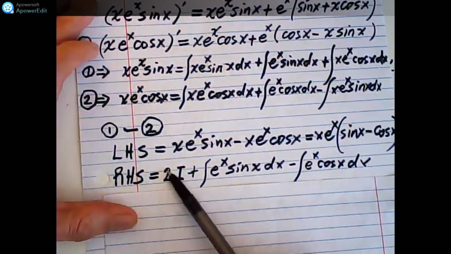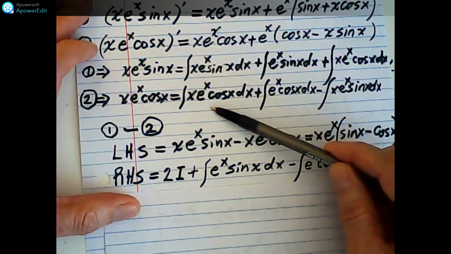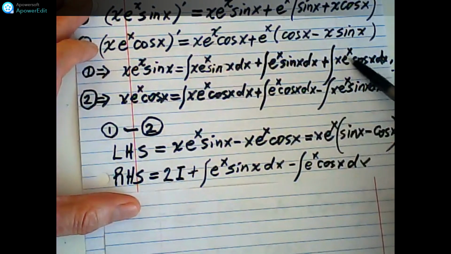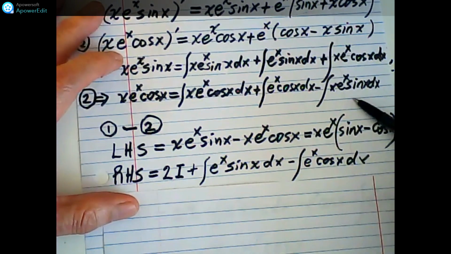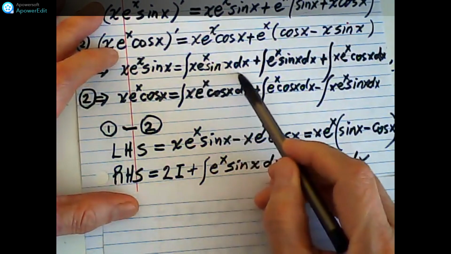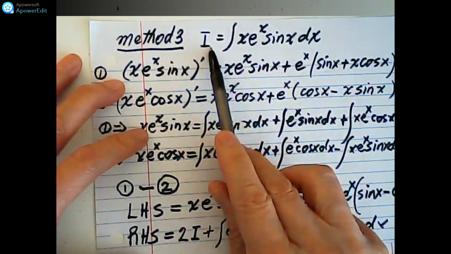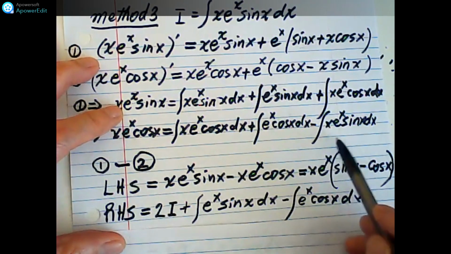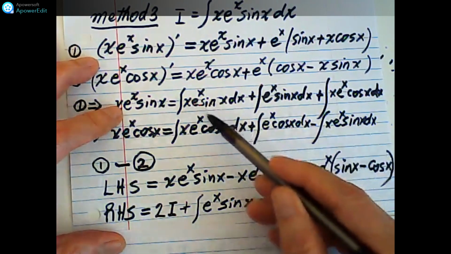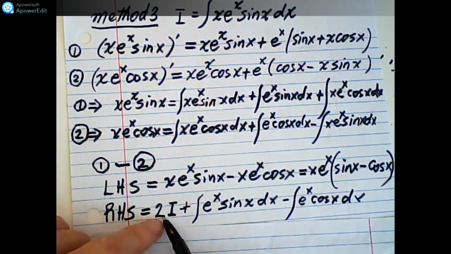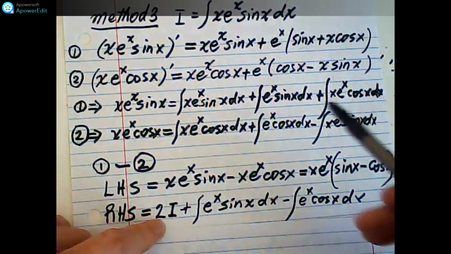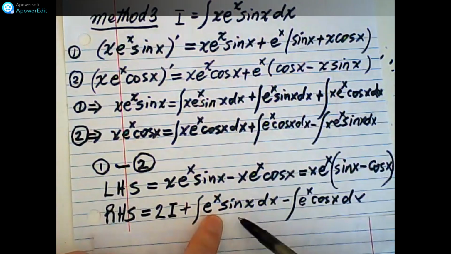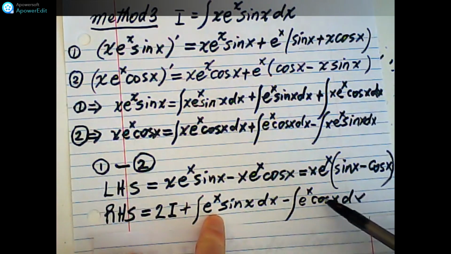Now the right-hand side, this minus this, this minus that, right? So this is I, that's the original I. This is also I. So this minus this becomes 2 I's. And this is left over.